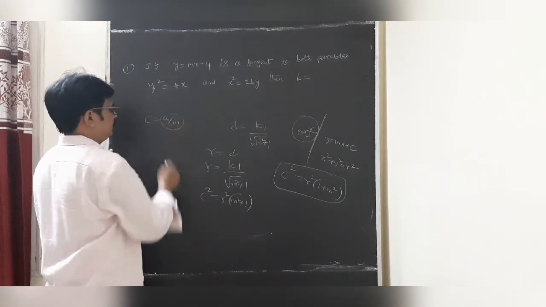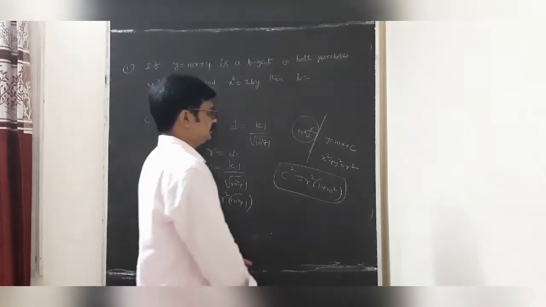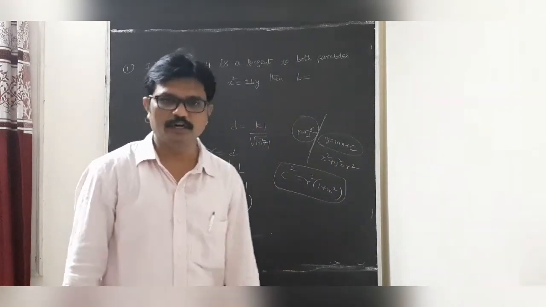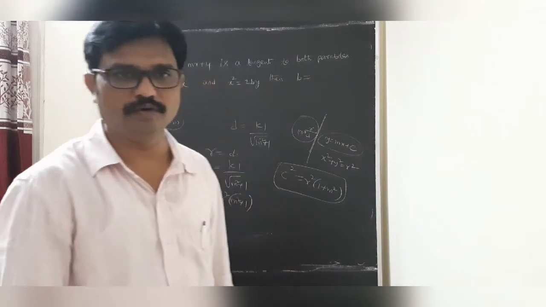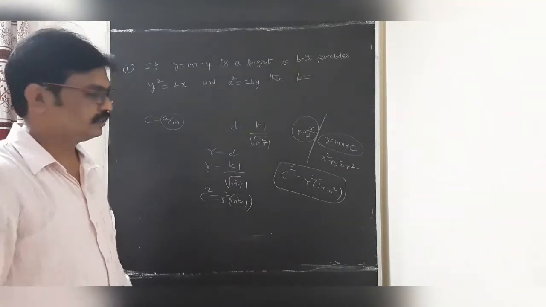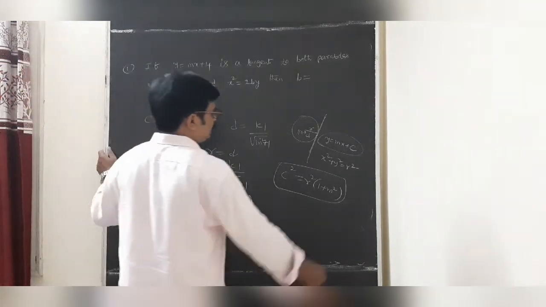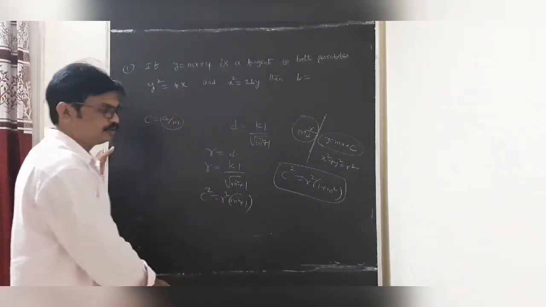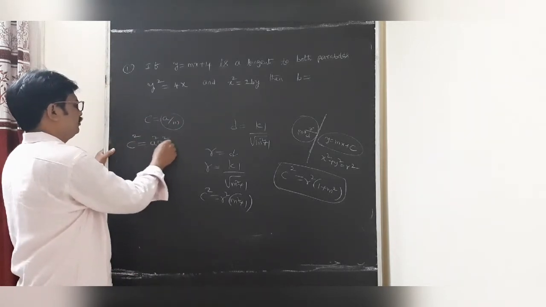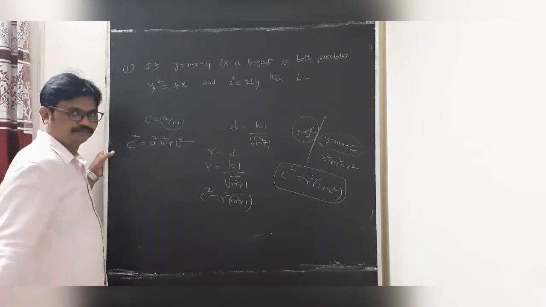Okay, students, the next condition: for the parabola we know that c equal to a by m. Everybody knows that the condition that the line y equal to mx plus c may be a tangent to the parabola y square equal to 4ax is c equal to a by m. The condition for the line to be a tangent to the ellipse is c square equal to a square m square plus b square.